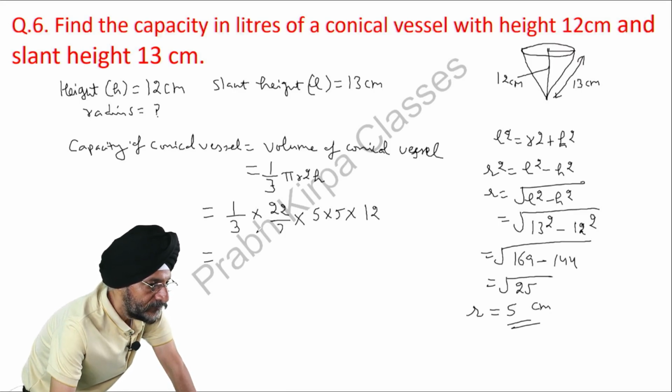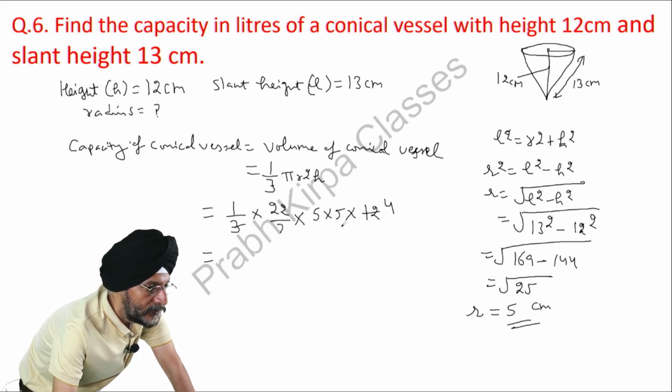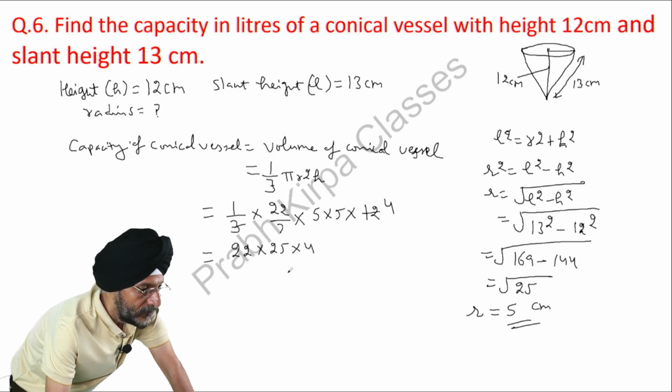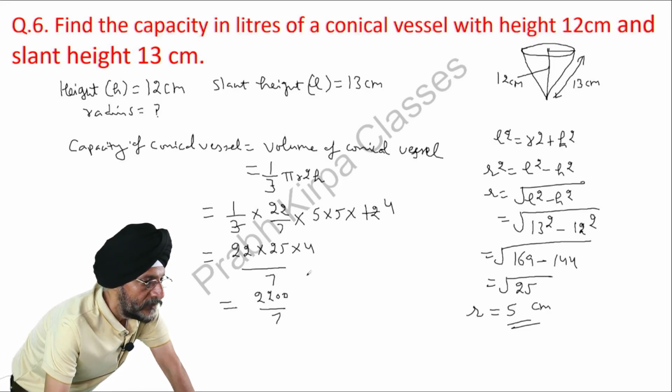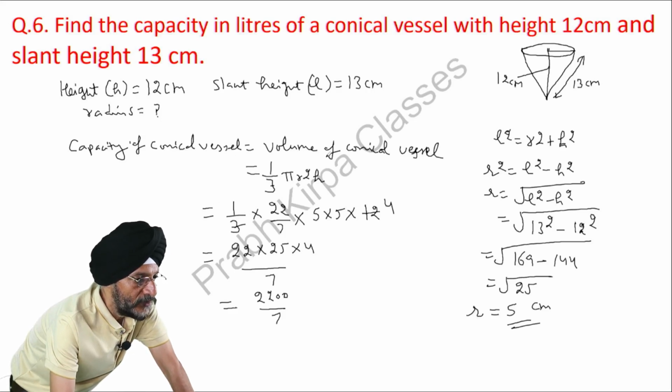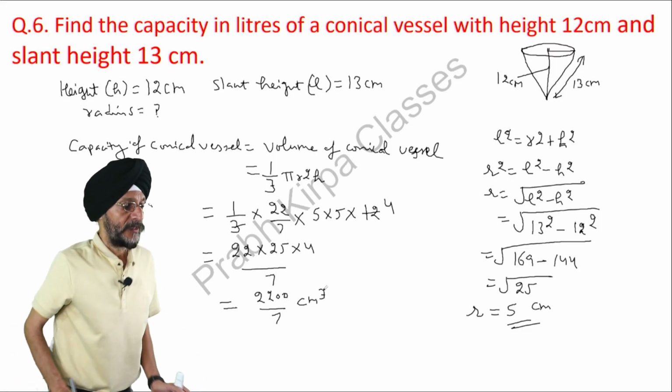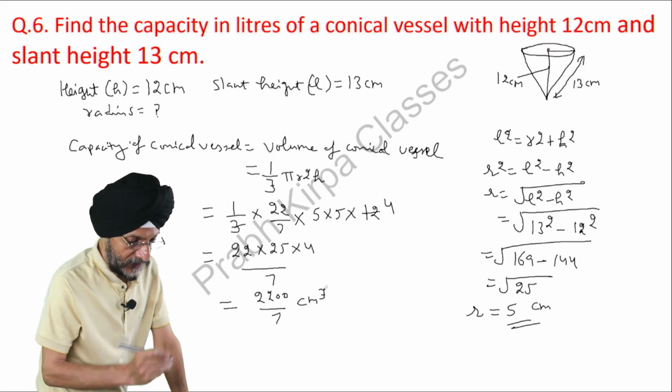So here, this is the capacity of the conical vessel, or volume, in cubic centimeter. Now what is the question? We have to find the capacity in liters.